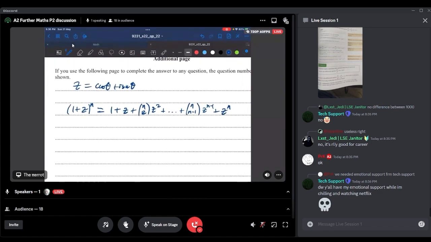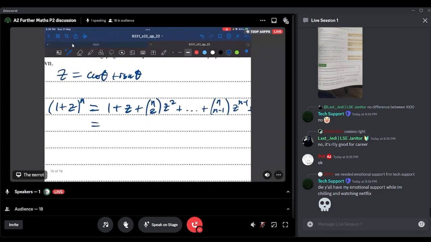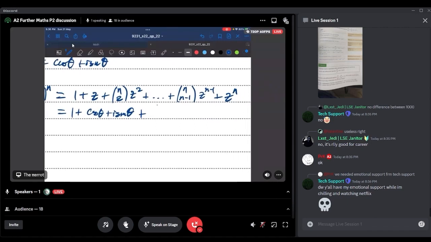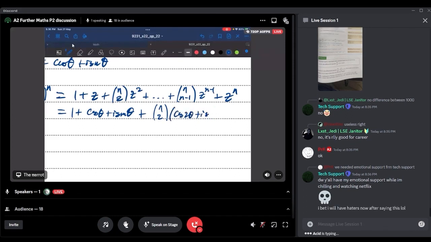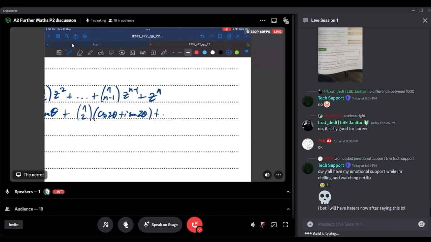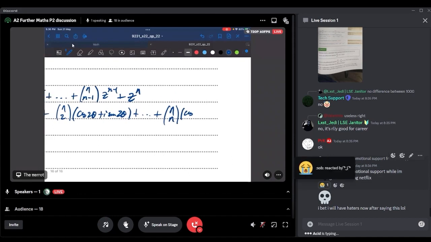Now because we know that z is this, this is cosine theta plus i sine theta, plus nC2 (cosine theta plus i sine theta) squared. But when you square it, you just get 2 theta by de Moivre's. So cosine 2 theta plus i sine 2 theta, up to nCn (cosine n theta plus i sine n theta).